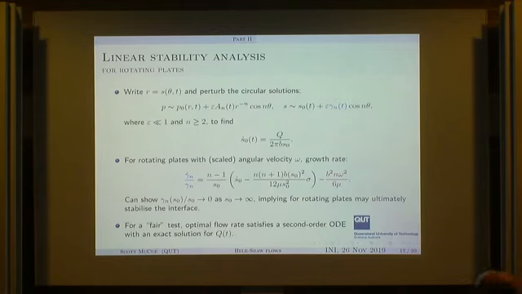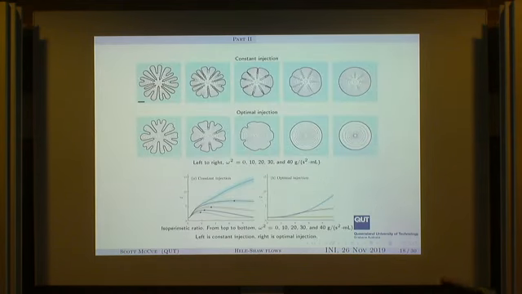You can play the same game and imagine that you're injecting the same amount of fluid over the same period of time and follow the same analysis that I didn't summarise. You can derive an ODE that you can solve exactly and try to predict what flow rate would be the best one possible to do this. So the top row is injecting some fluid but then rotating at a higher and higher rotation rate, and you can kind of see here that fingers start to develop but then they retract.